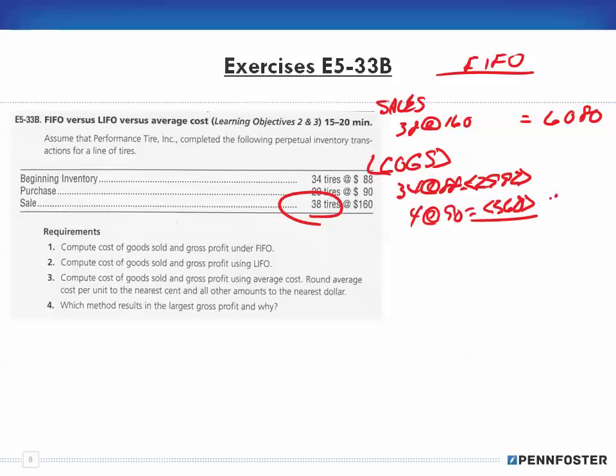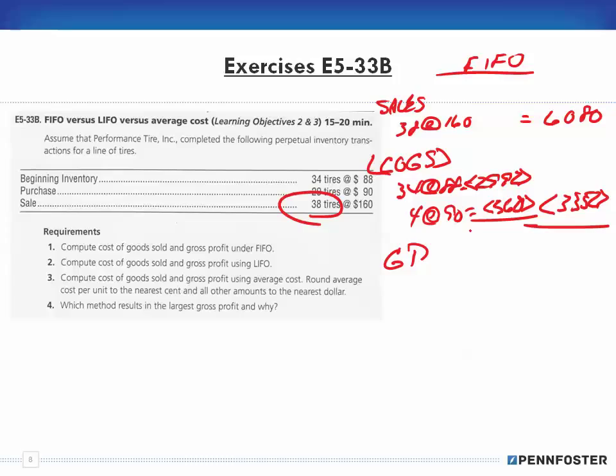That means I have a cost of goods sold of 3,352. Let me do this again. 34 times 88 is 2,992 plus 360 is 3,352.